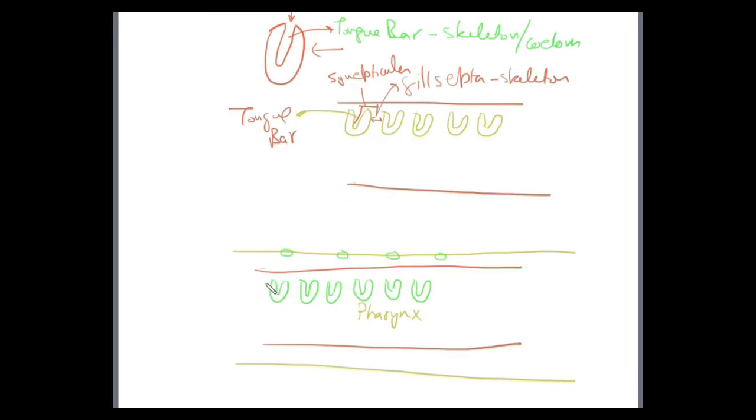These gill slits, one, two, or more than two, are enclosed in a gill sac that opens out through the gill pore. So these are the gill sacs, and these are the gill pores.